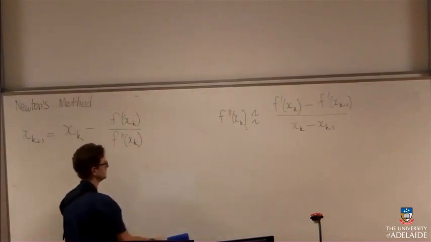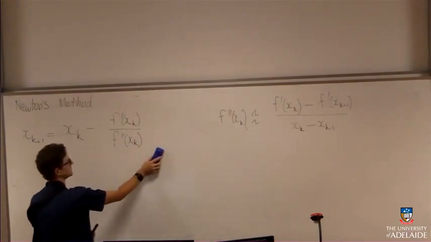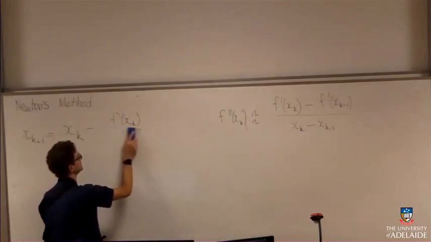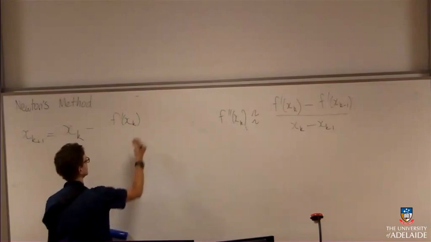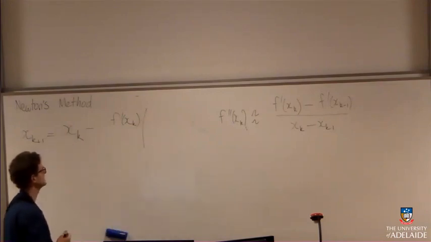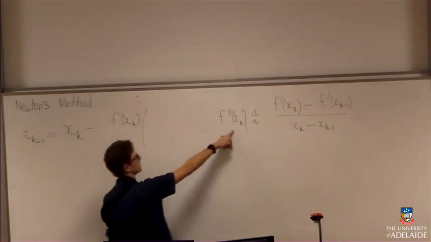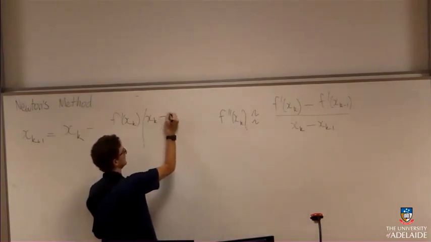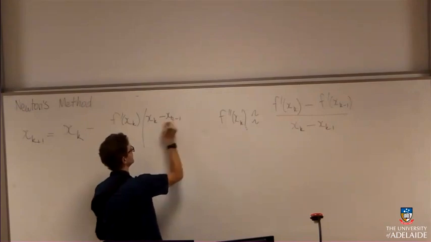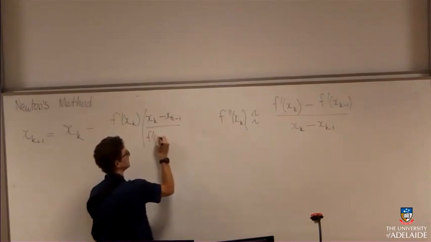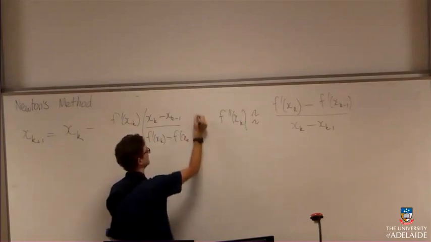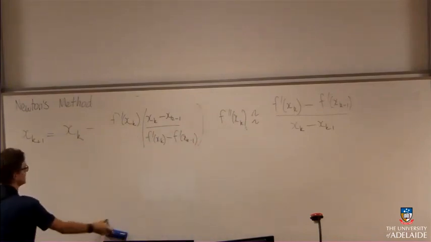Then all we do to get our secant method is replace that approximation in here. So instead of dividing by f double prime of xk, I divide by this thing, f prime of xk take away f prime of xk minus 1 over xk take away xk minus 1, and this becomes the secant method.